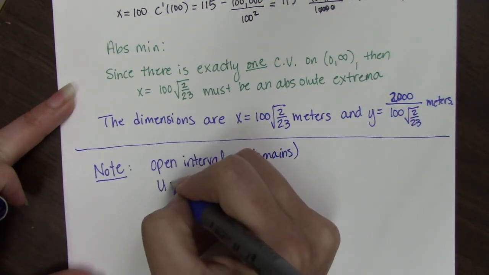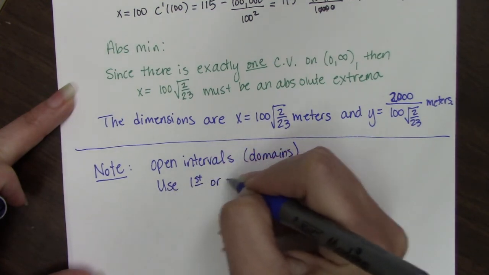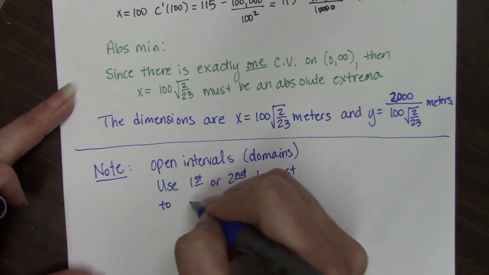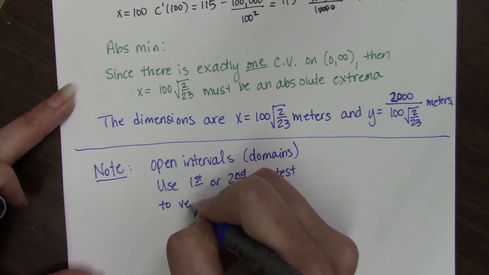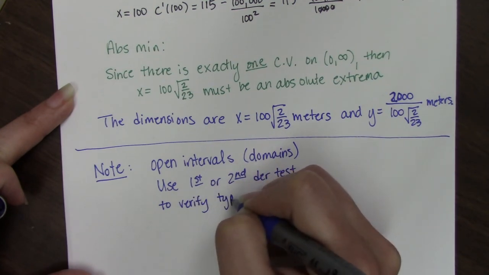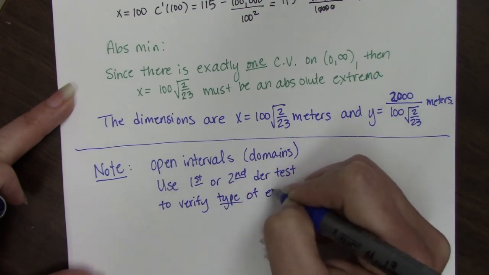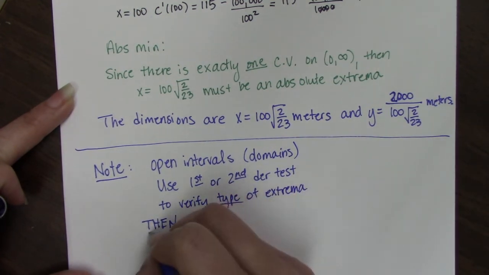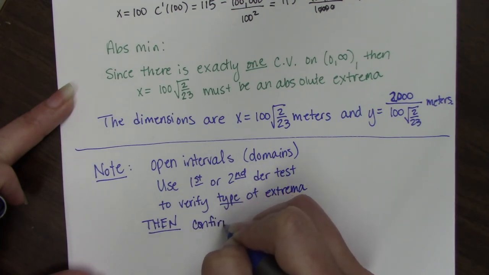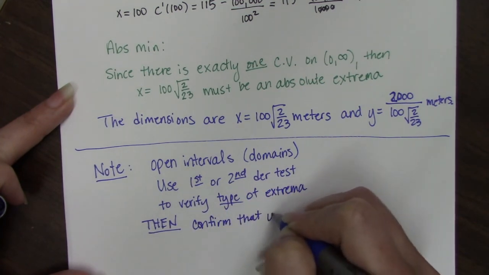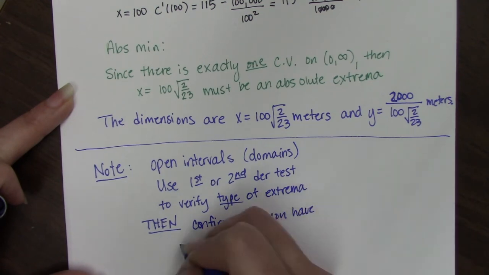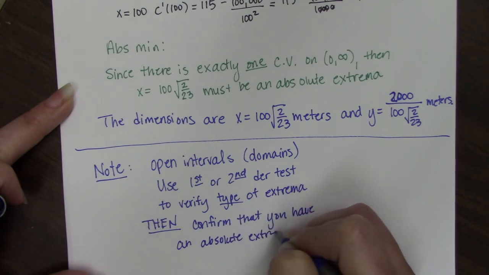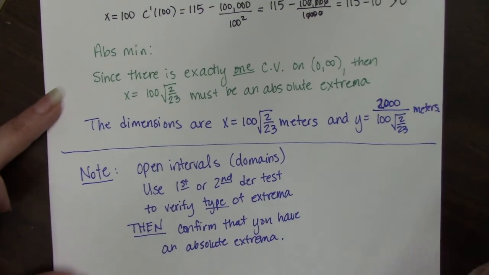You have to use first or second derivative test to verify the type of extrema, then you have to confirm that you have an absolute extrema before you can proceed with the problem.